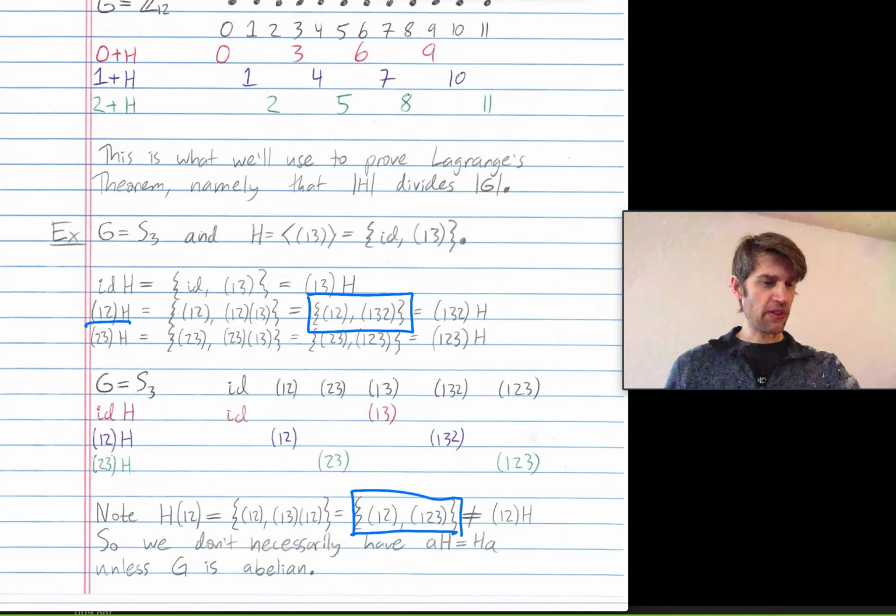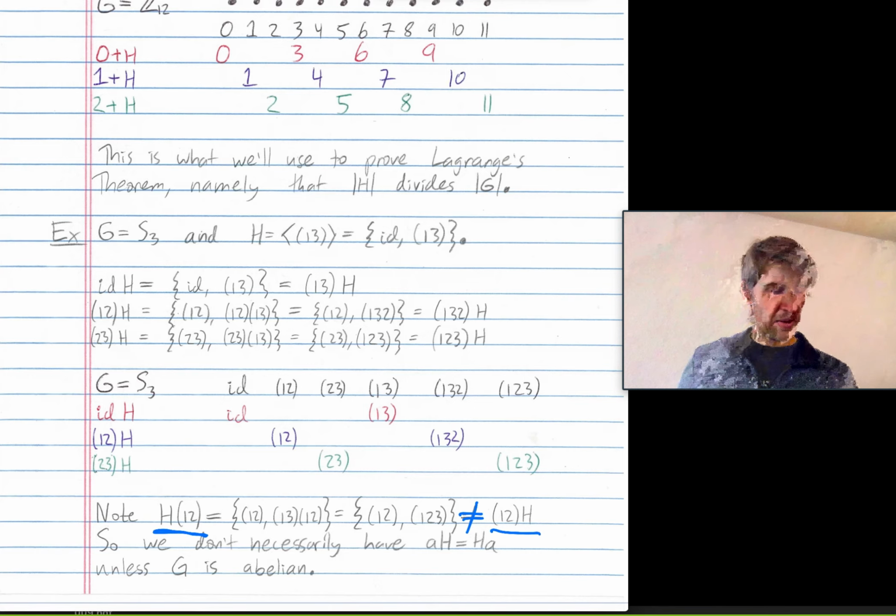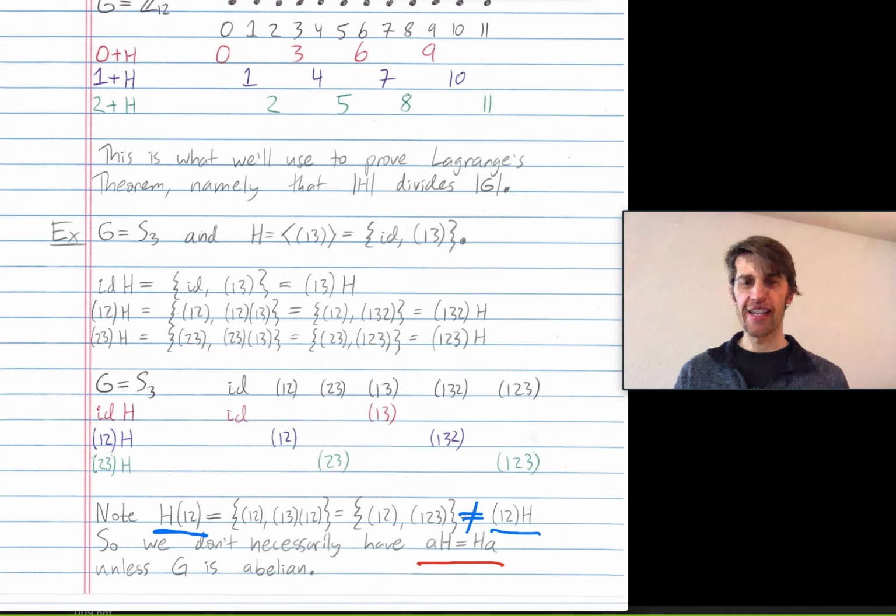So since those are not equal, this is an example of a left coset (1 2)H not equaling a right coset H(1 2). So that's what this comment down below is saying. We don't necessarily have that the left coset AH is equal to the right coset HA, unless the group is abelian, and then order doesn't matter. All right, thanks.